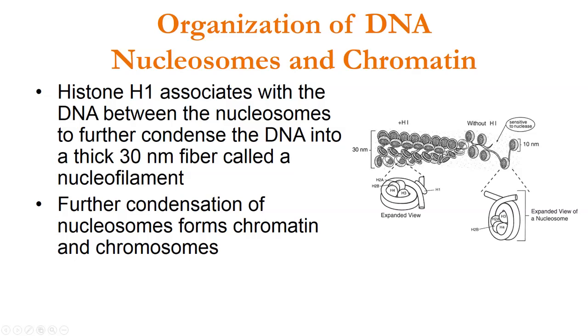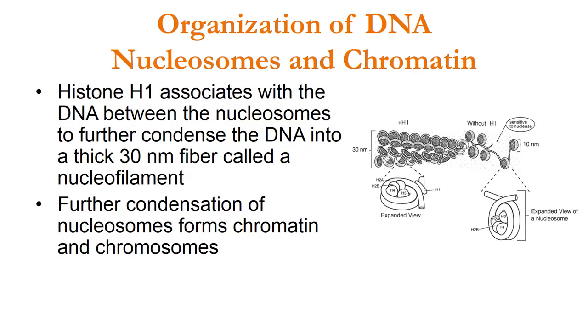Here's our beads on a string right here. That's where we don't have H1. You add H1, and then you form this 30 nanometer nucleofilament. That's as high a level of structure as you would need to know for board exams and things like that.